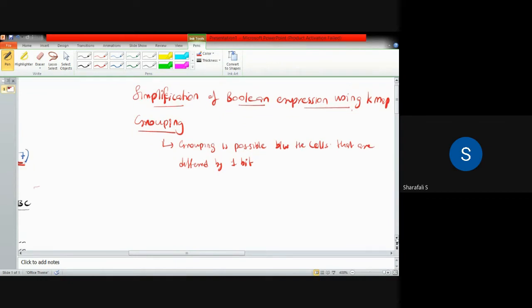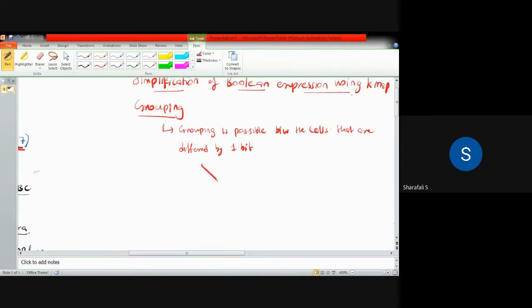Okay, let's consider an example. If we consider a 3-variable K-map like this, so this is AB, this is C. And as you know, this is 00, 01, 11, 10, and this is 0, this is 1.